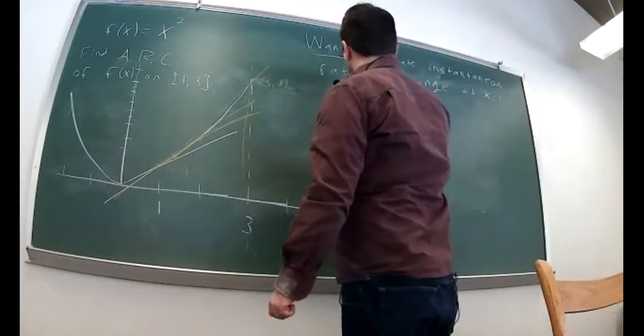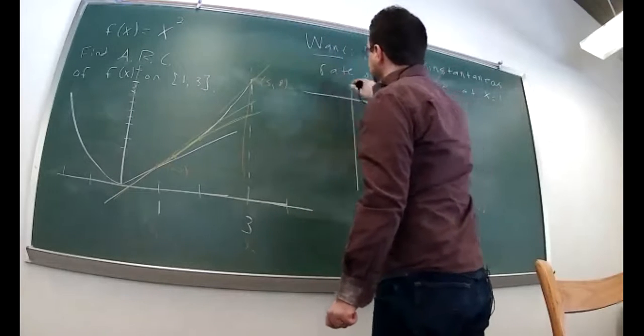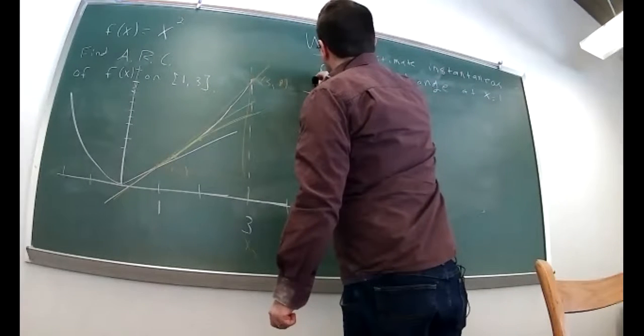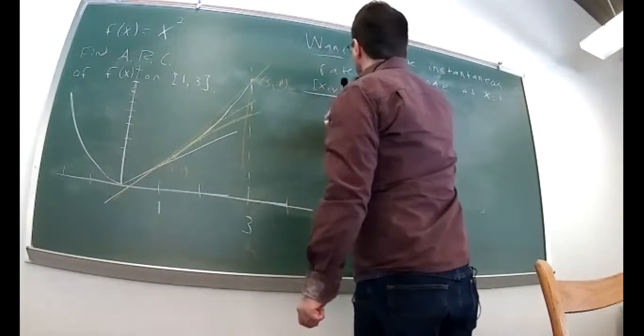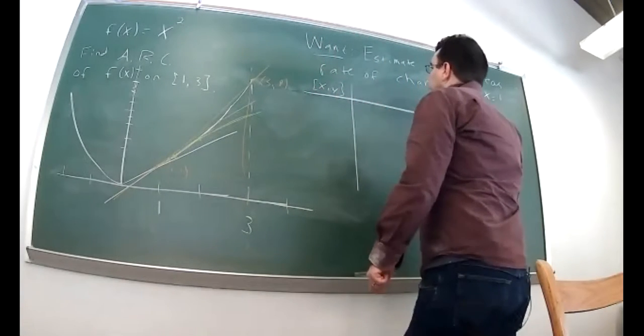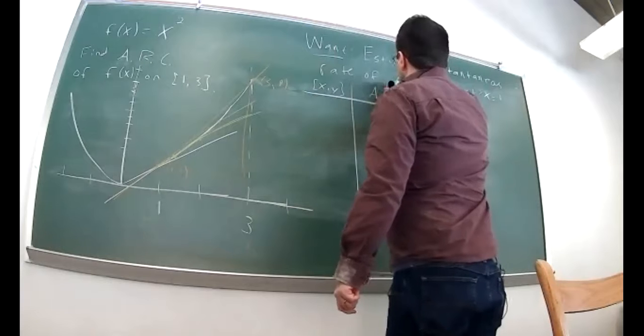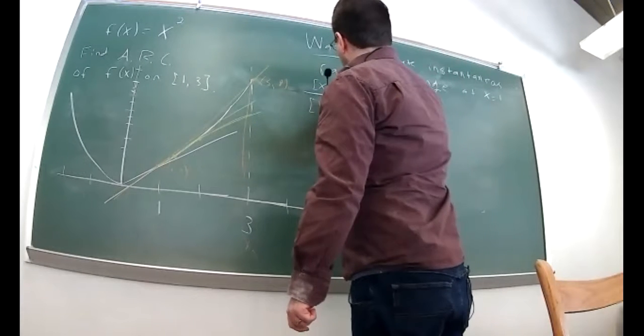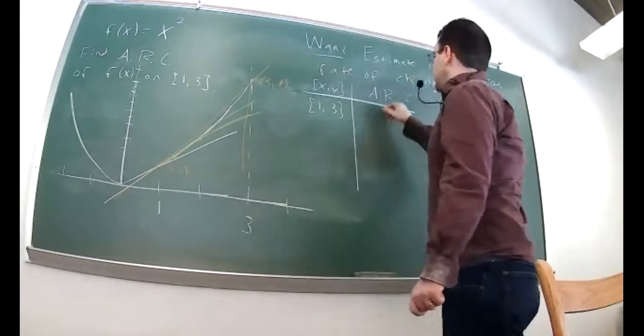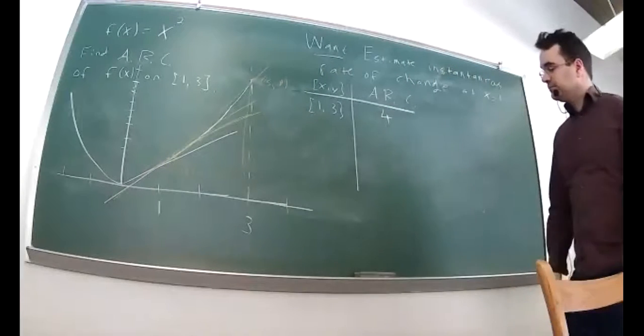change, make a little table. So I'll put an interval here, and I'll put average rate of change there. And you've already calculated that from 1 to 3, the average rate of change was equal to 4.